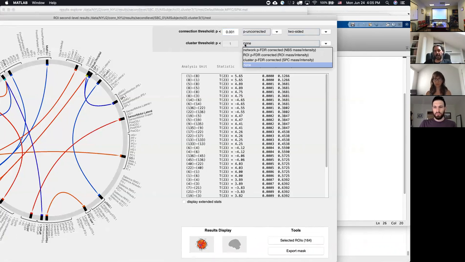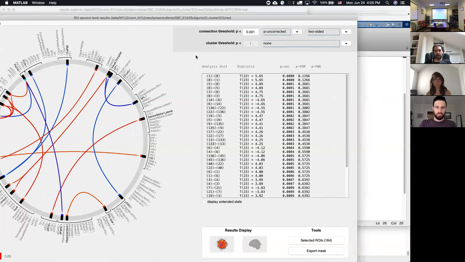A cluster is a cluster of voxels, a group of neighboring voxels that form a cluster. There's not many alternative ways. But when you have ROI to ROI matrices, you have many different potential ways of identifying different groups of connections that you care about and you want to treat as a cluster. And I tried to simplify all of those definitions into these three options that you have here.